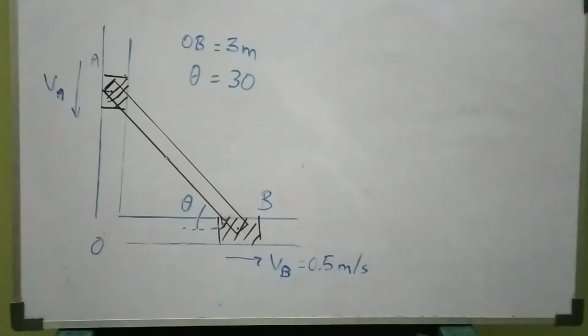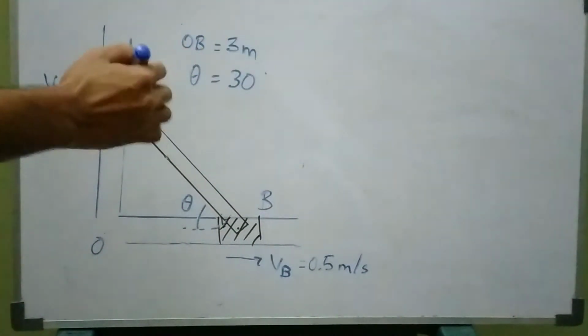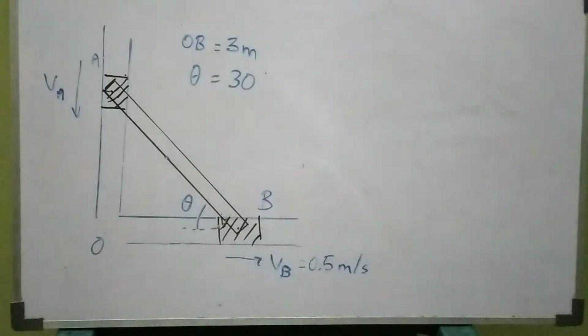So locate the instantaneous center of rotation of the rod. That's the first question. After that, hence determine its angular velocity for the configuration shown. They have given some points which I have already marked, and we need to find the instantaneous center first.